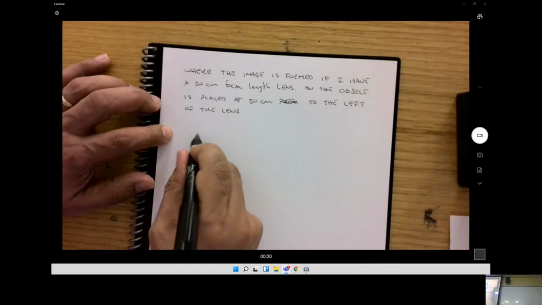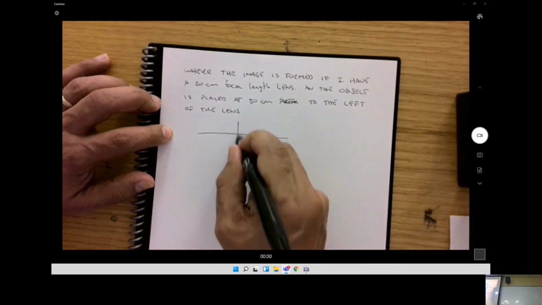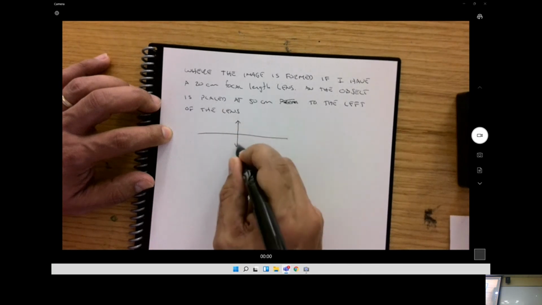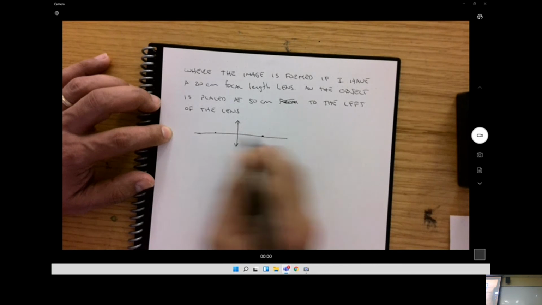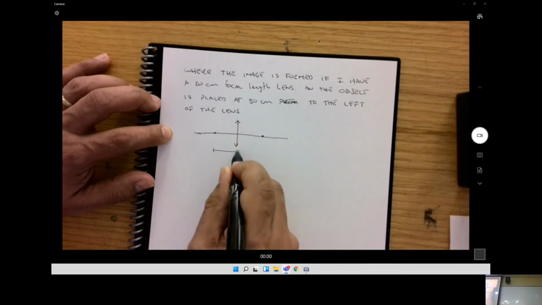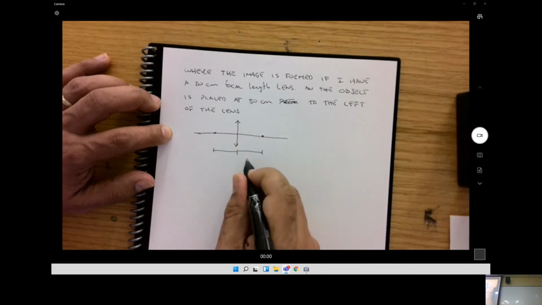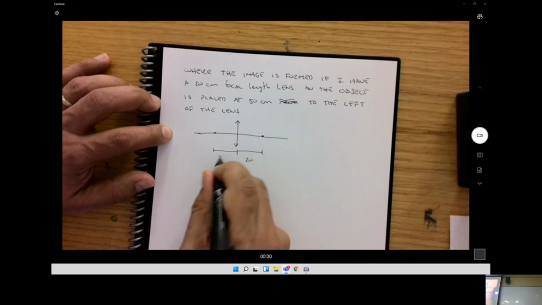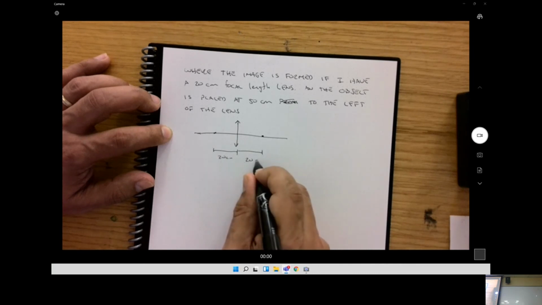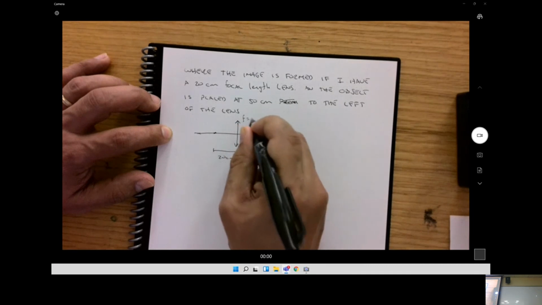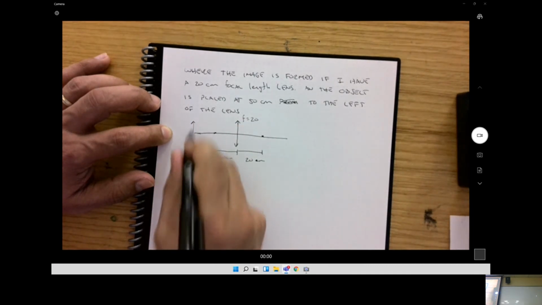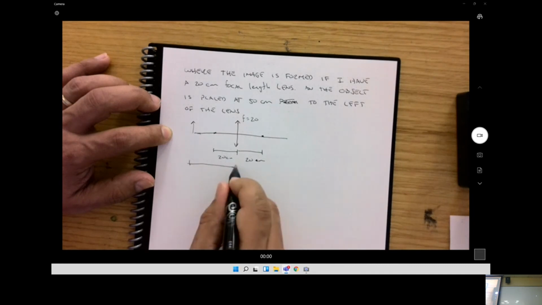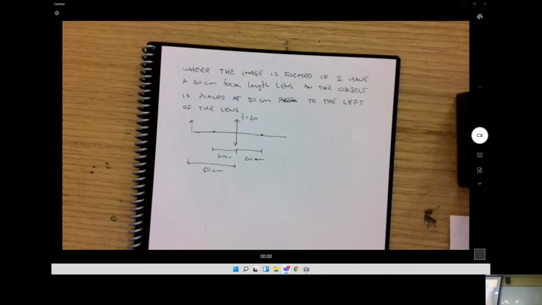So I have my lens, my focal point. This will be 20 centimeters. And my object is 50 centimeters to the left. So it's going to be something like this.